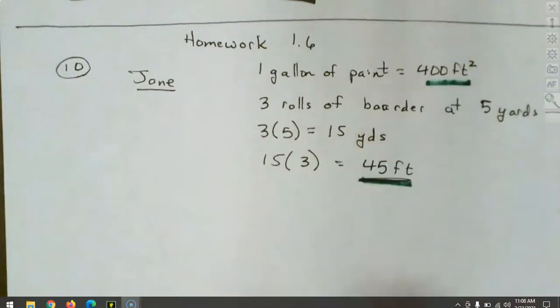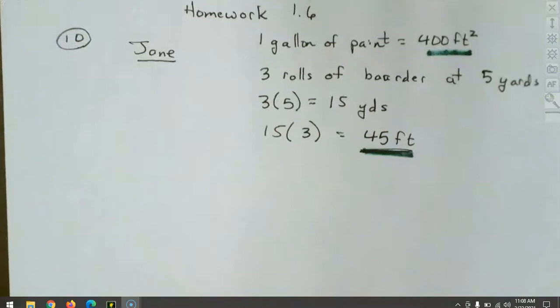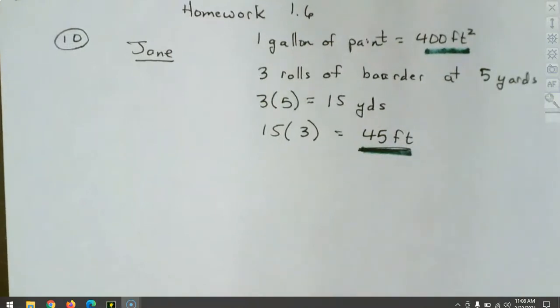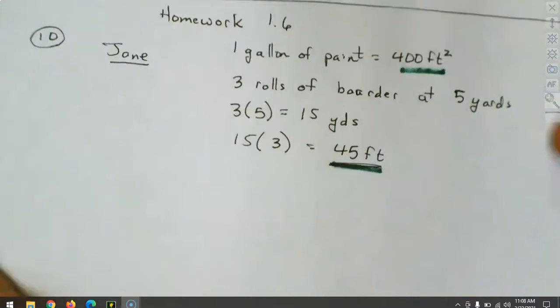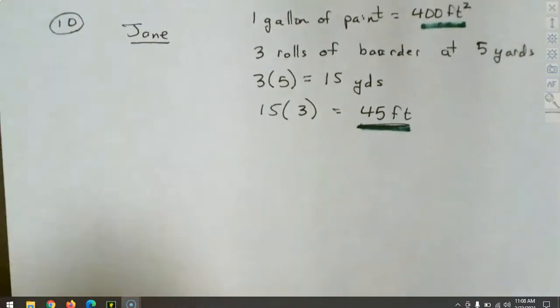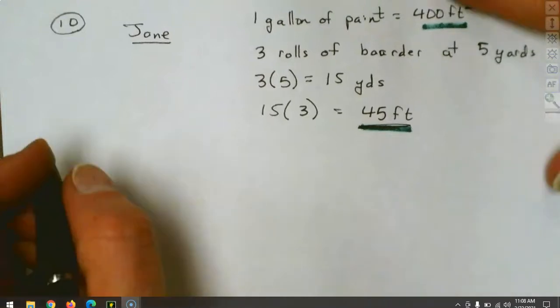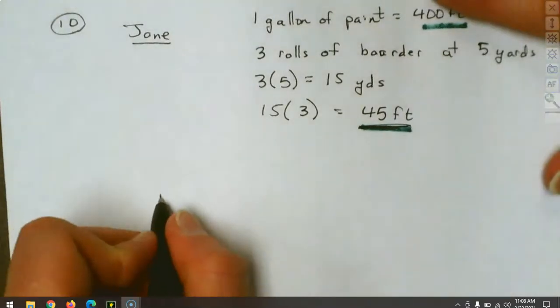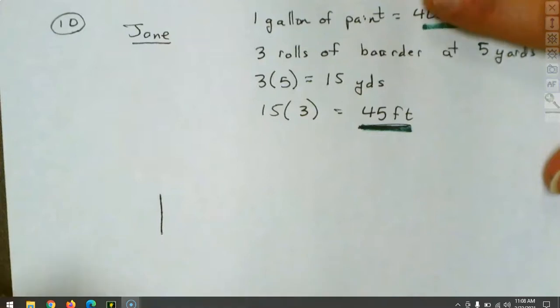Now let's talk about Jane. Okay, so we know we've got to paint this room and we've got a border wallpaper. So let's talk first about the paint. If we're going to paint this room, we know Jane's room is 9 by 12. And we know that the walls are 8 foot tall.